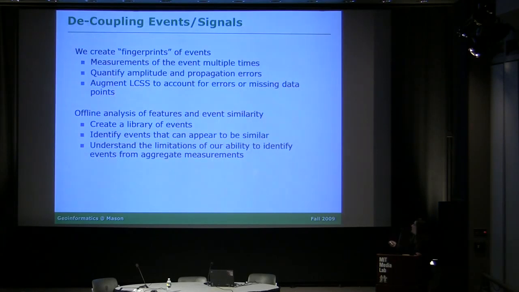Now, we have developed an approach which is based on fingerprints of events. As I said, I'm not going to go into all the details, but it still goes back to the same approach. We have a library of events. We construct the fingerprints, and these fingerprints go back to the library.